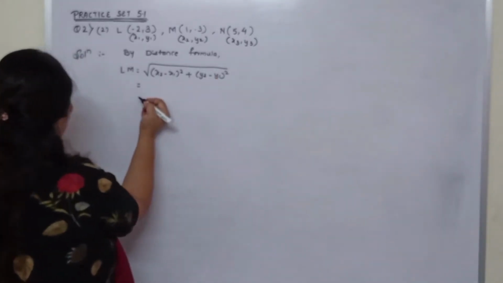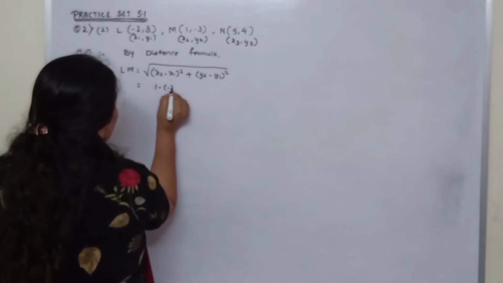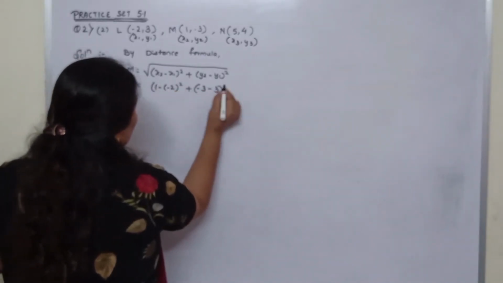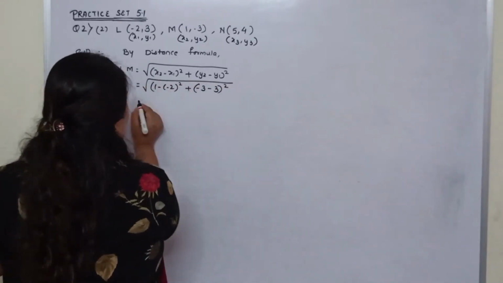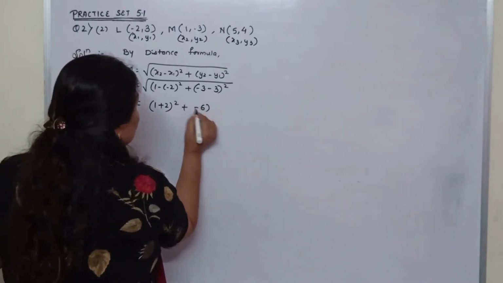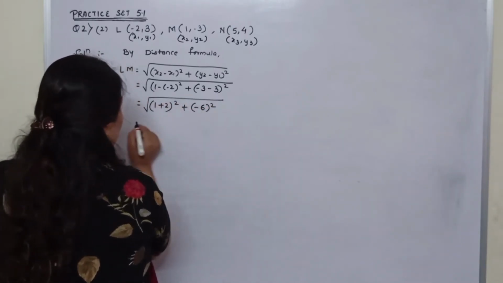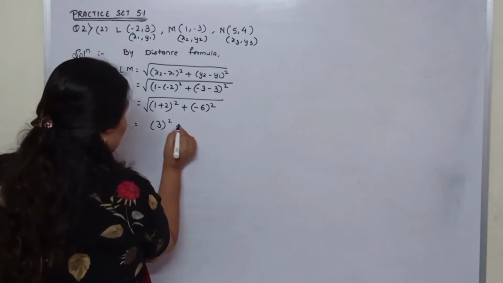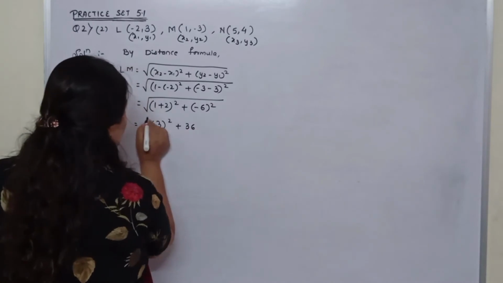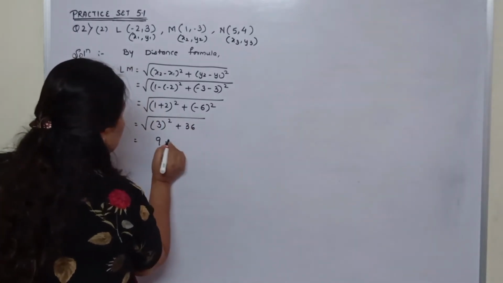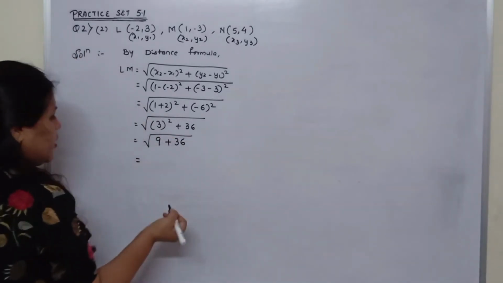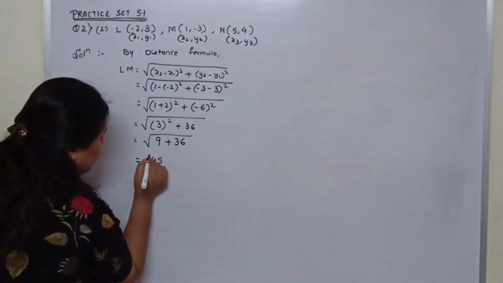That is equal to what? (1 minus 2) the whole square plus (minus 3) the whole square. So it will be (1 plus 2) the whole square plus (minus 6) the whole square, that is 9 plus 36, since minus 6 into minus 6 is plus 36. 3 3s are 9 plus 36, 36 plus 9 is 45.